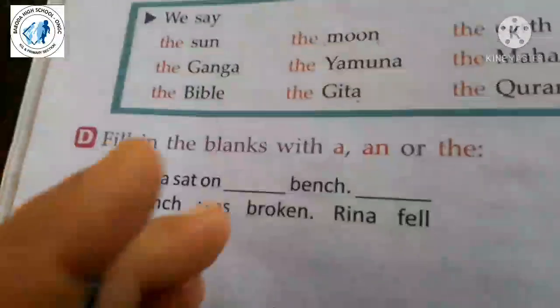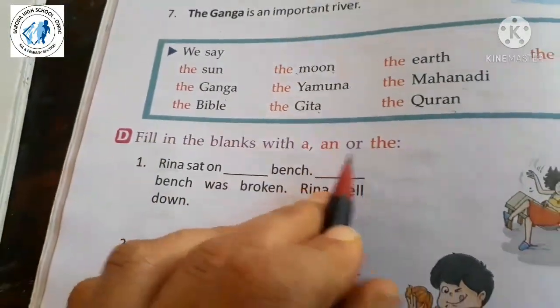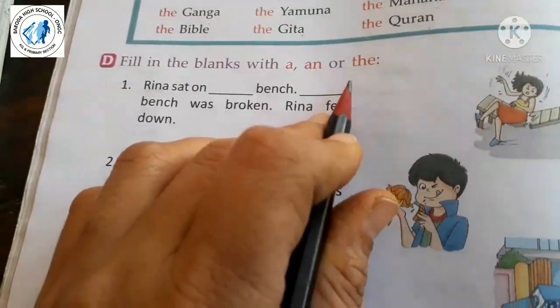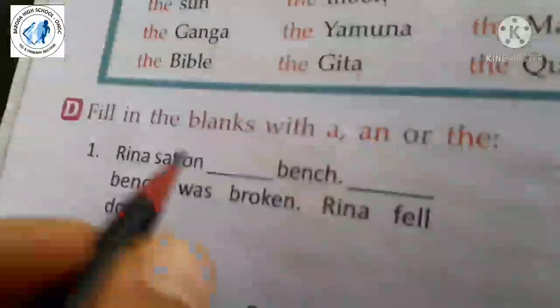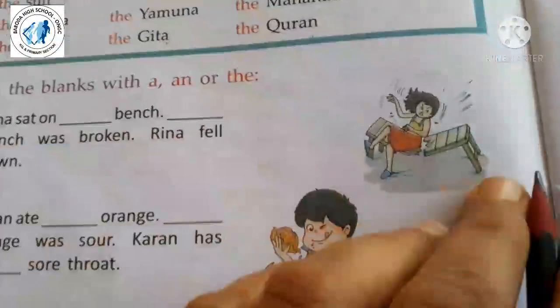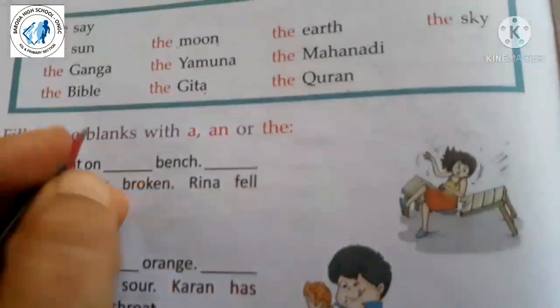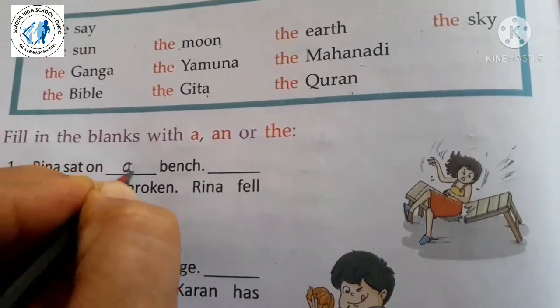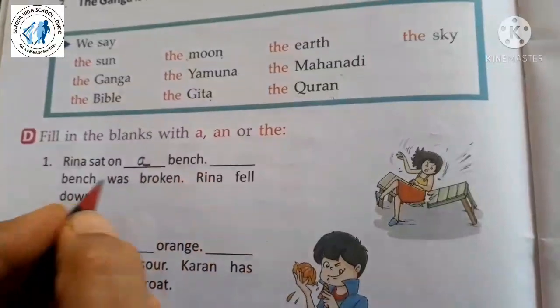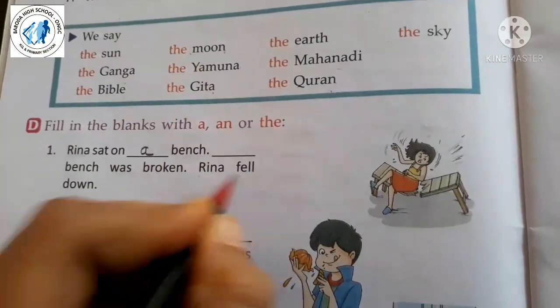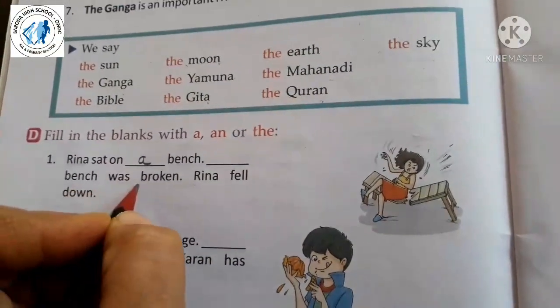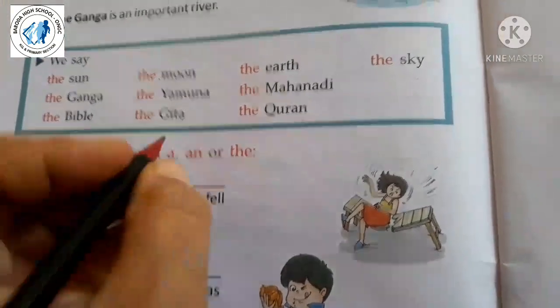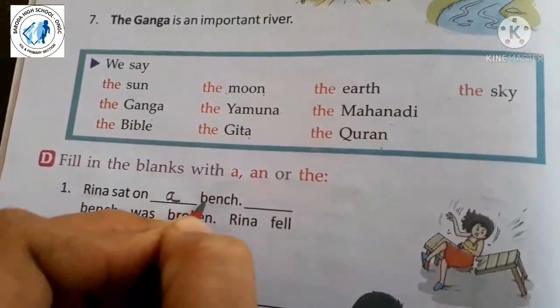Okay, now fill in the blanks with a, an, or the. Now here we have to fill in this blank. Reena sat on a bench. B is a consonant. The bench was broken. Reena fell down. Now which bench was broken? The one on which Reena sat. So the same bench.